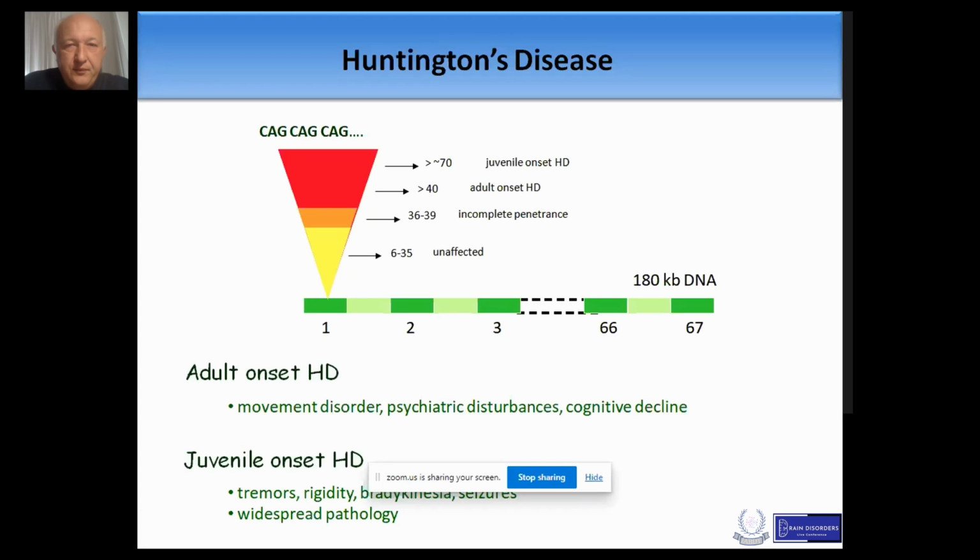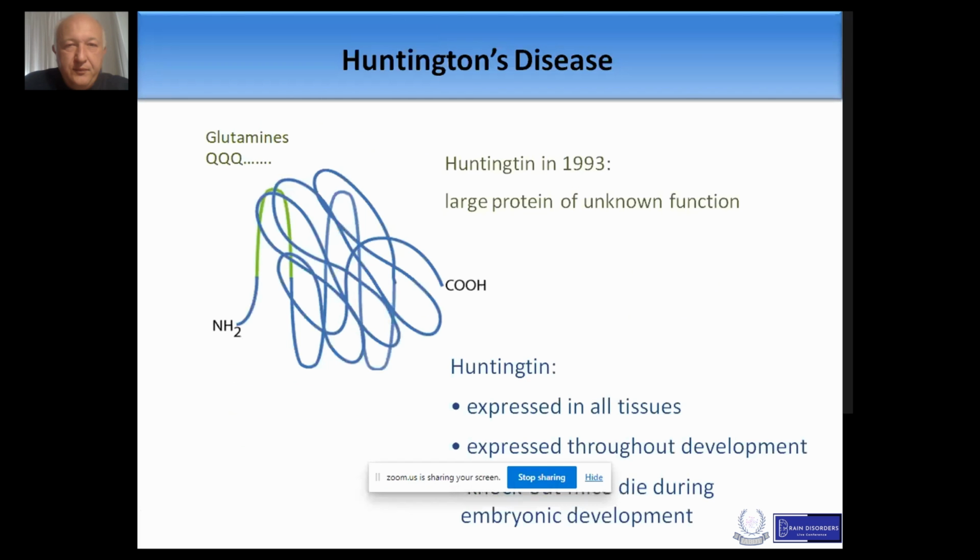Then 36 to 39, we have so-called incomplete penetrance, and over 40, we will develop Huntington disease, and there is also a juvenile form with over 70 CAG repeats, which manifests very early in age.